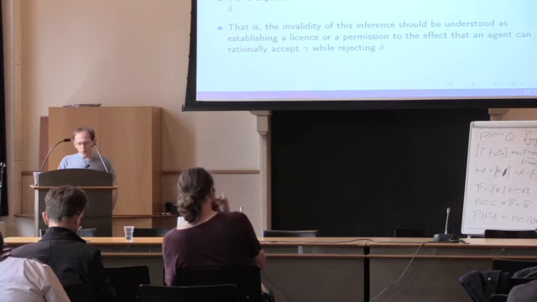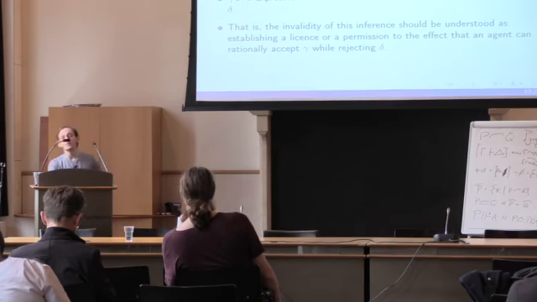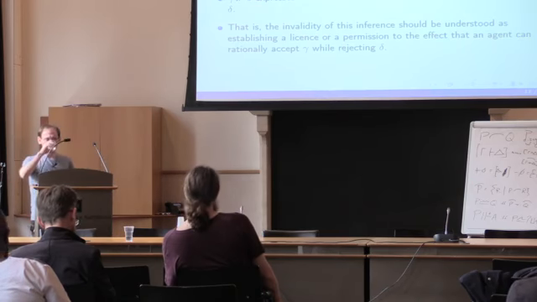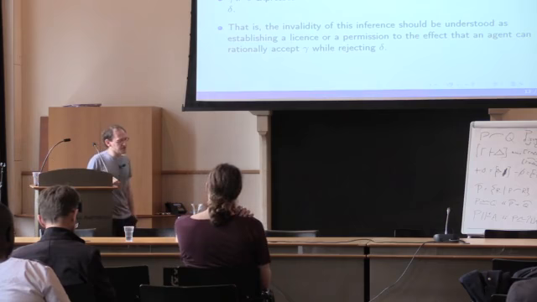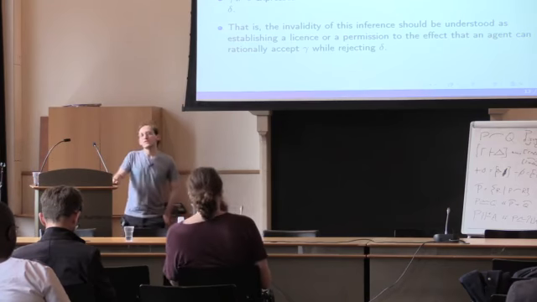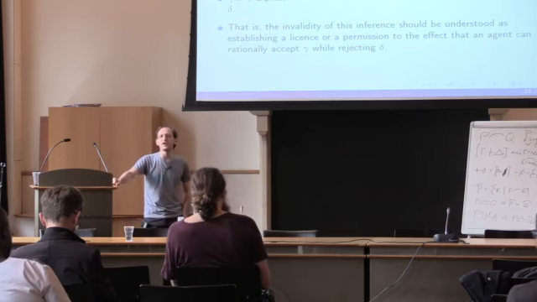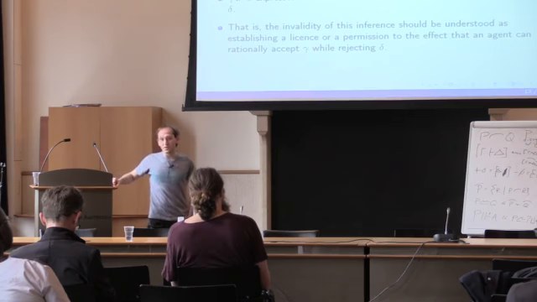Now, one worry here might be that the sort of prohibitions that validity gives rise to are very different from the sort of permissions that invalidities give rise to. So, if you consider an argument from, say, the conjunction A and B to B, you think that that's valid, then you'll say that it is, in some sense, not rational for an agent, or prohibited for an agent to accept A and B while rejecting B, and that that's so not because of what A and B say, but because of the meaning of conjunction.